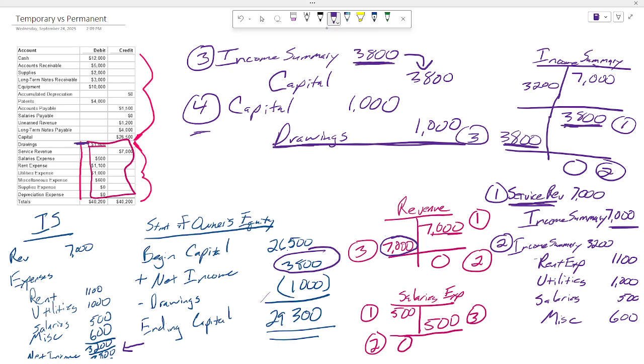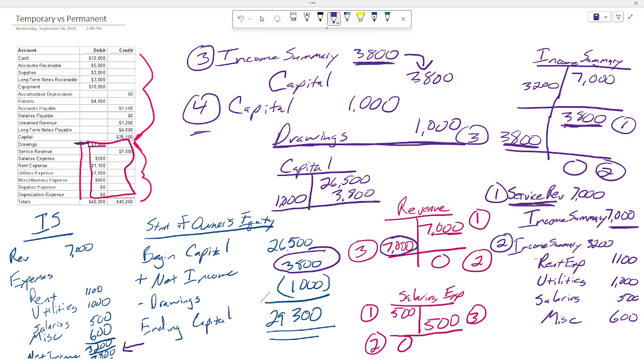But more than that, let's look at the capital account. We started with $26,500 as a credit. And then we added another credit of $3,800 and then took out a drawing of $1,000.